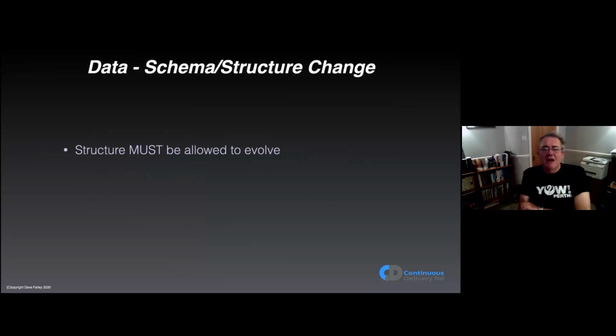So let's start off thinking about the idea of being able to change the structure, the schema of the data that we're dealing with. Structure must be allowed to evolve if we are to have useful systems. One of the core tenets of agile thinking and continuous delivery, a kind of second generation agile approach, is to be able to inspect and adapt, to be able to learn.